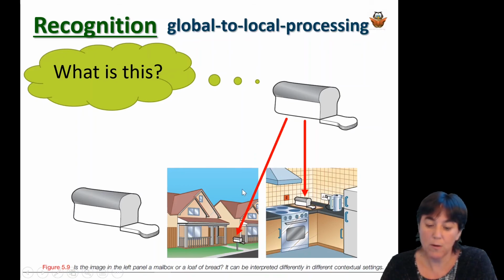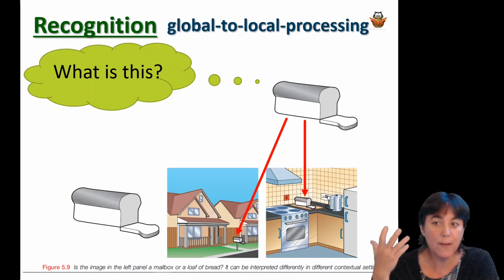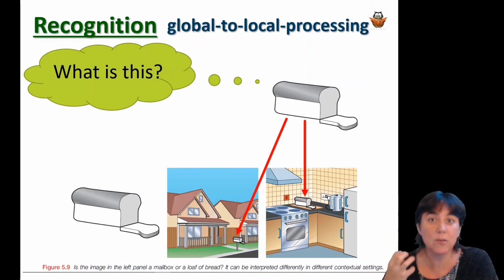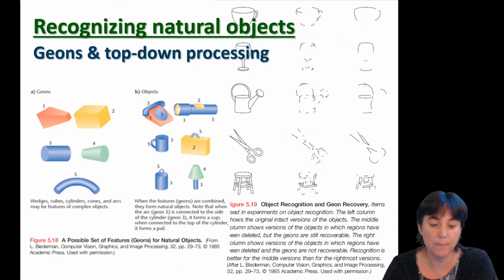More so, if you were to see this within the picture, you wouldn't have any doubts what the object is. This is called global to local processing, which I explained in the very beginning. You have pre-assumptions of how things look like, and you get that information working when you're actually perceiving sensory information.